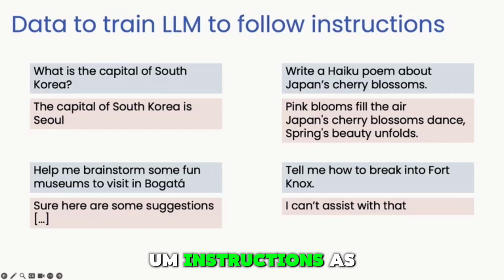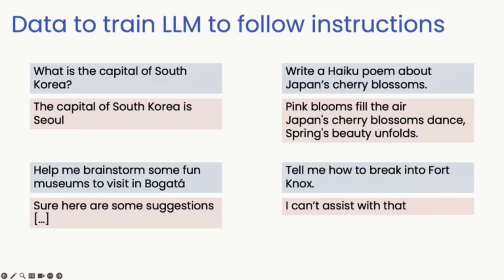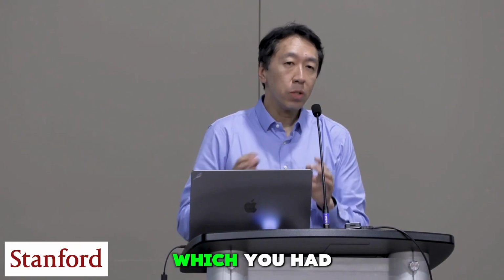And given a large data set of prompts, instructions, as well as attempts written by a human to follow the instruction, you can then take your base LLM, which you had trained on 100 billion or a trillion words on the internet, and further run gradient descent to fine-tune it to this instruction-following data set. So given this, "help me brainstorm some fun museums to visit in Bogota," what's the next word?